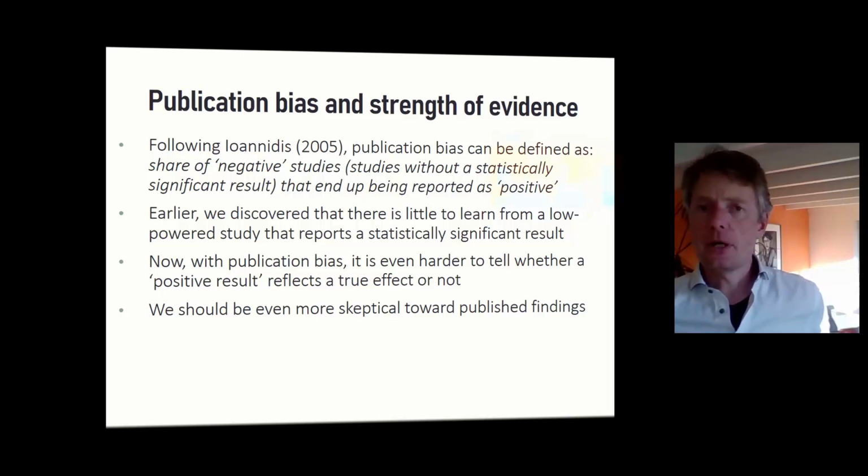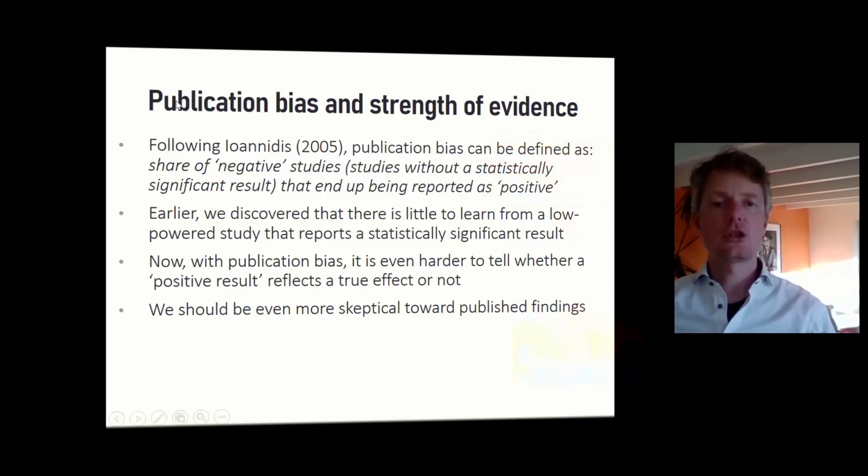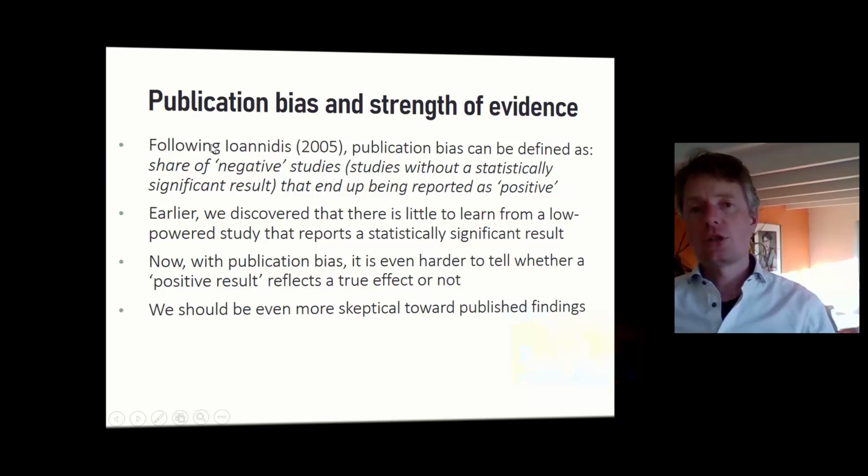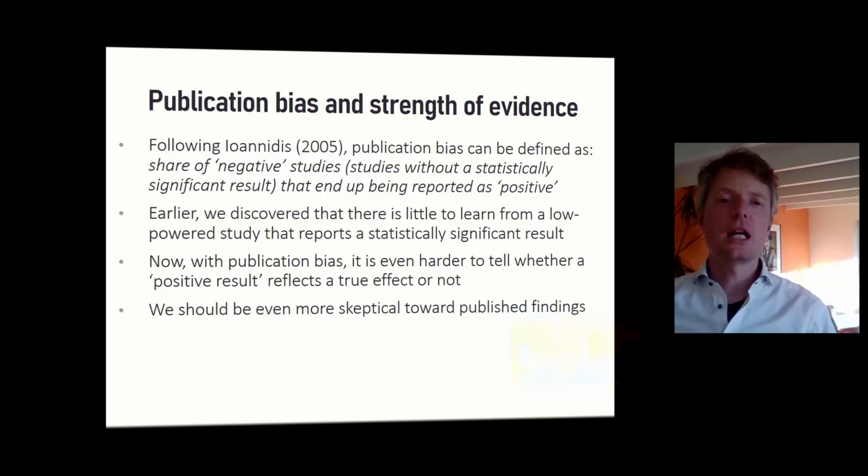But let's first define publication bias more specifically. So what kind of publication bias are we looking at? Well, let's follow Ioannidis, and the share of statistically insignificant findings that end up reporting being statistically significant findings, right? So that is the idea.